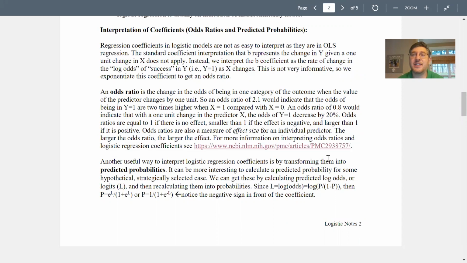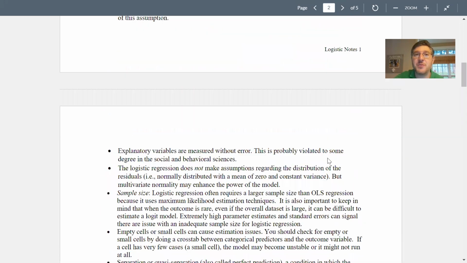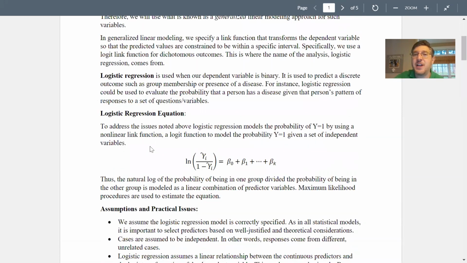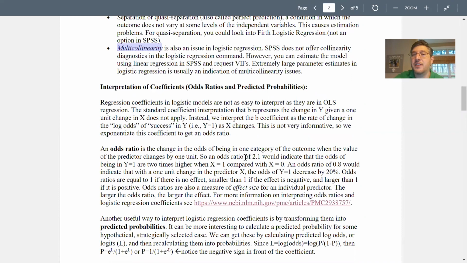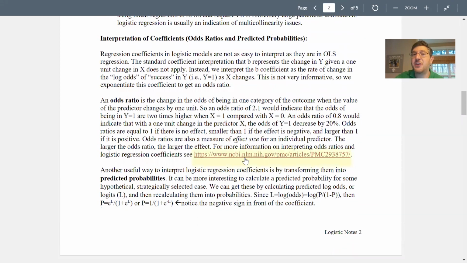In logistic regression, we're modeling the log odds. We're modeling a logit. Remember, we made this logit transformation to our dependent variable, so that complicates the interpretation of our regression coefficients.